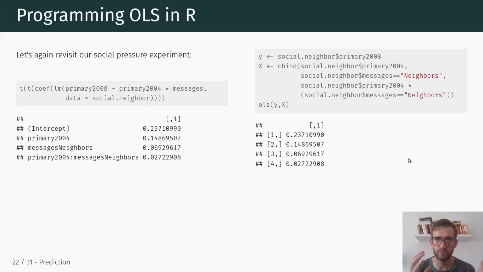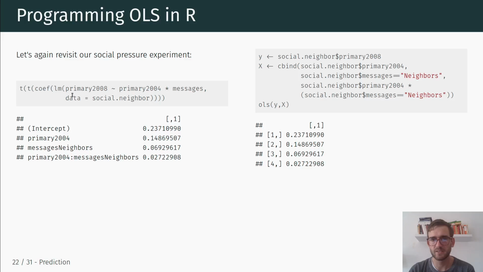So that confirms that the formula that we derived step by step, starting again from the sum of squared residuals, now in vector and matrix form, results in a specification of the OLS estimator that is consistent with what the lm function in R is doing basically out of the box.